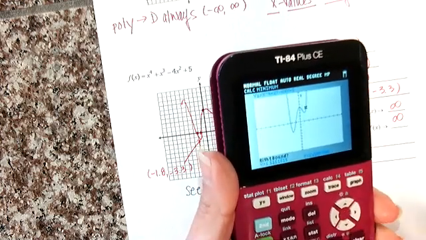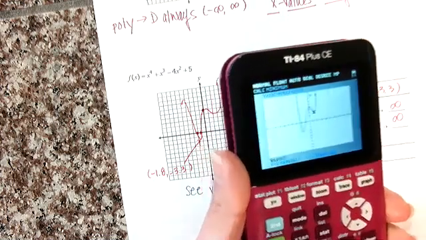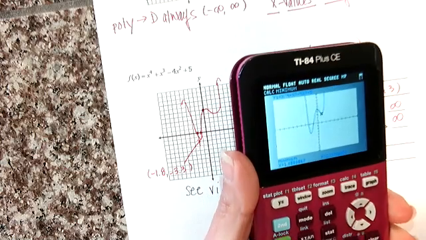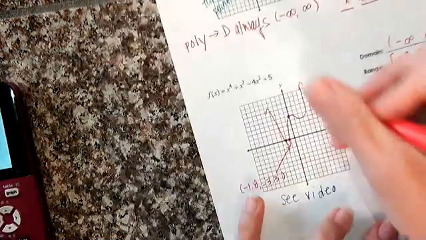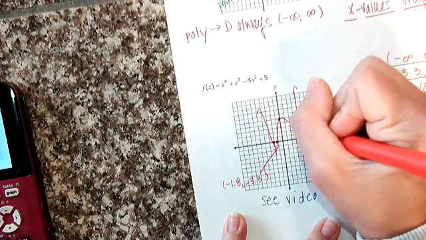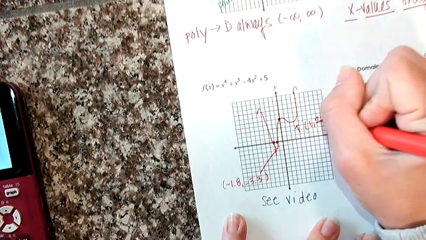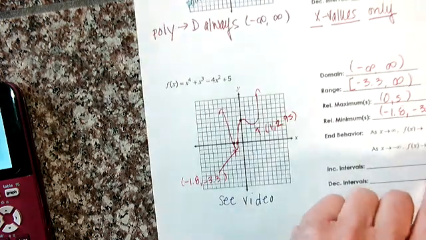Right bound, arrow to the right and push enter. Guess, get as close to it as you can and push enter. And it looks like that minimum is at about 1, 2.95. So my graph isn't very good, but there's another point at 1, 2.95. So there's another minimum.